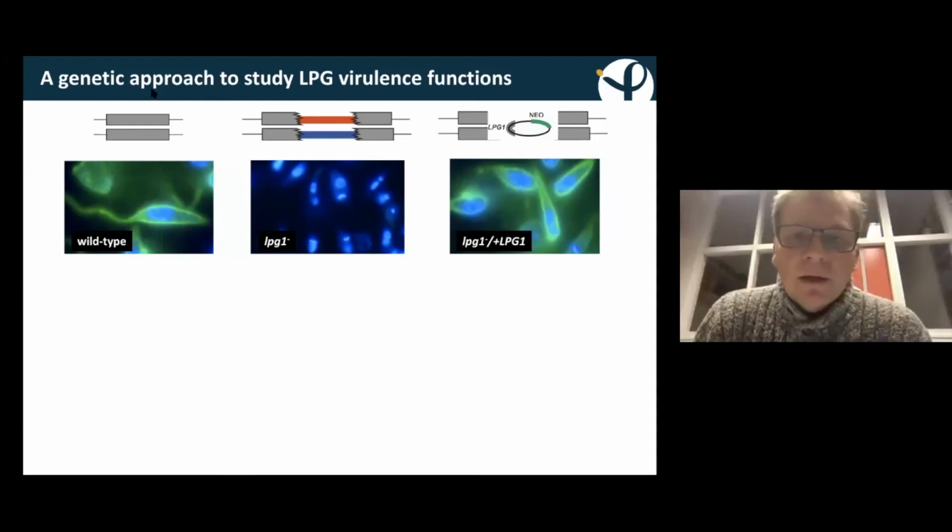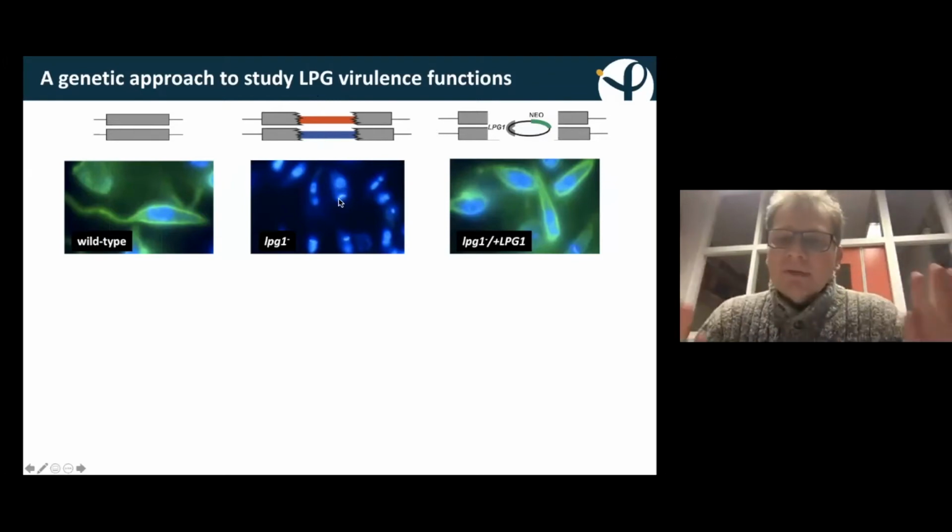Now, I used homologous recombination to delete this gene from the genome of the parasite. And lo and behold, these parasites were literally naked, as shown here by the absence of green, the green color being, of course, the molecule LPG.